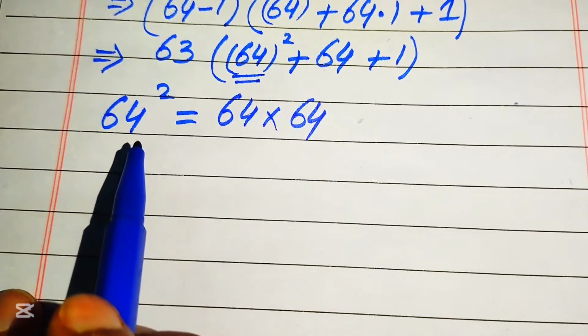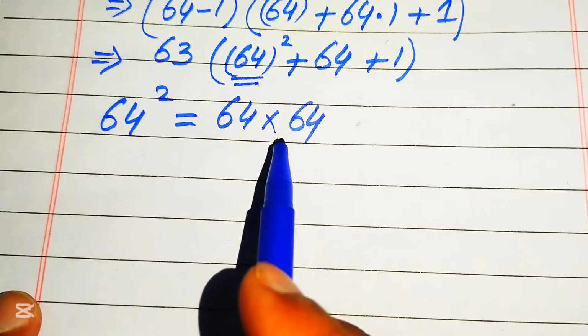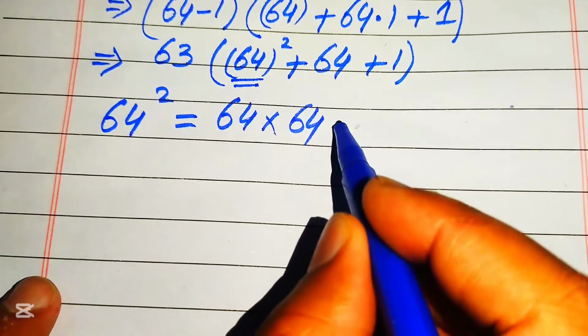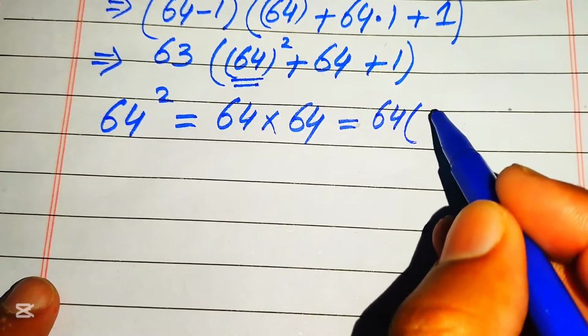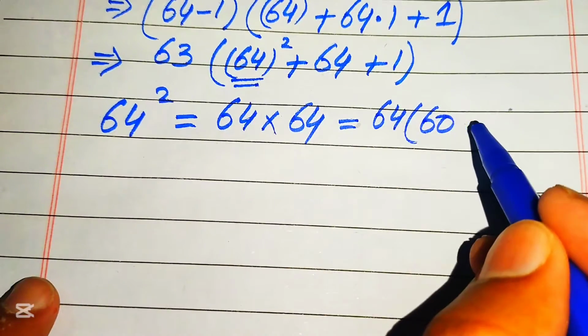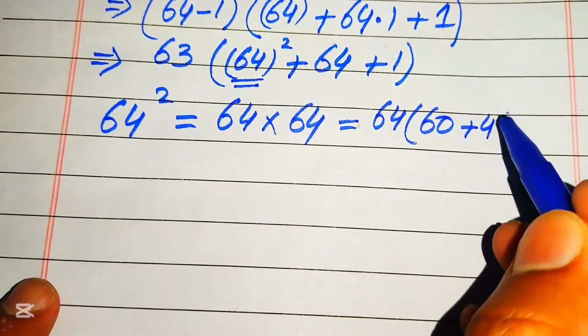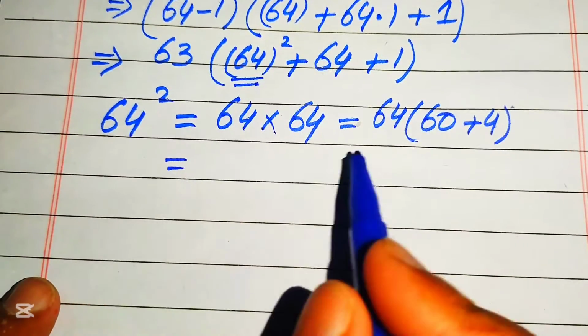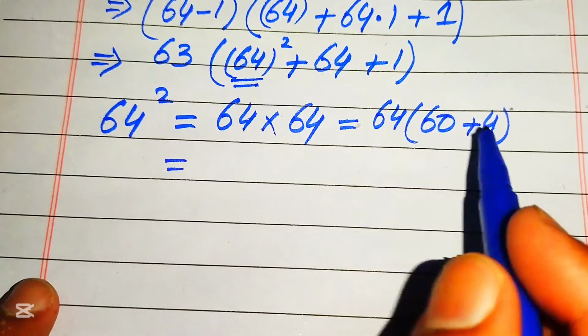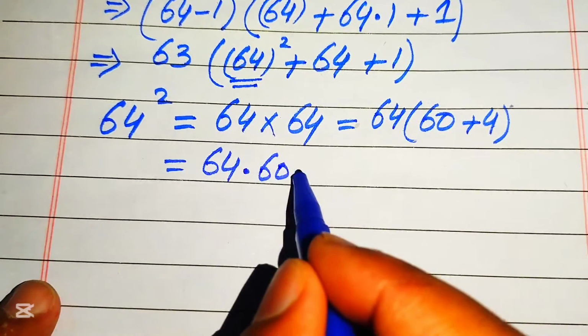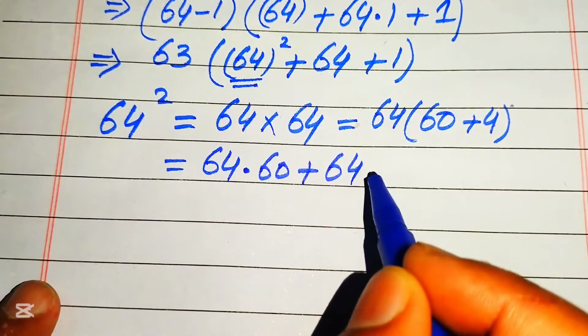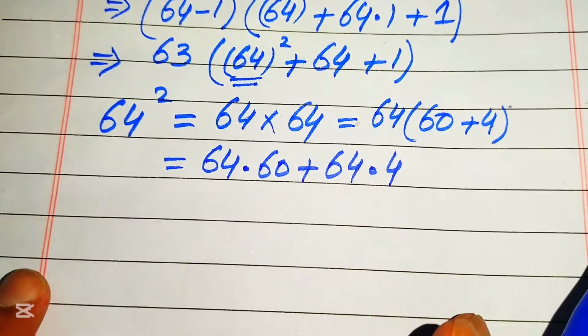You know that 64 square means 64 multiplied by 64, and after that we break this 64 into this form: we write 64 as 60 plus 4. Further, we multiply 64 on both of these values, and it is written as 64 multiplied by 60 plus 64 multiplied by 4.